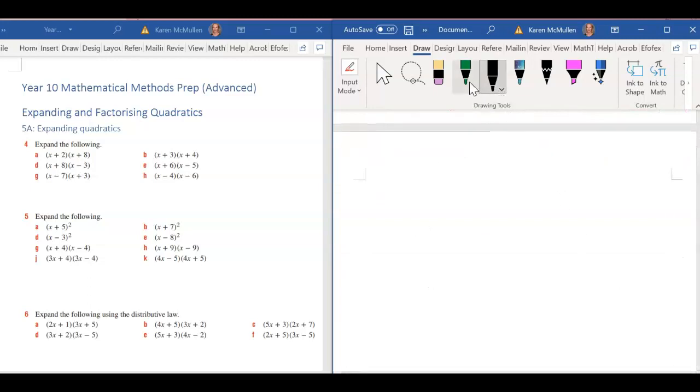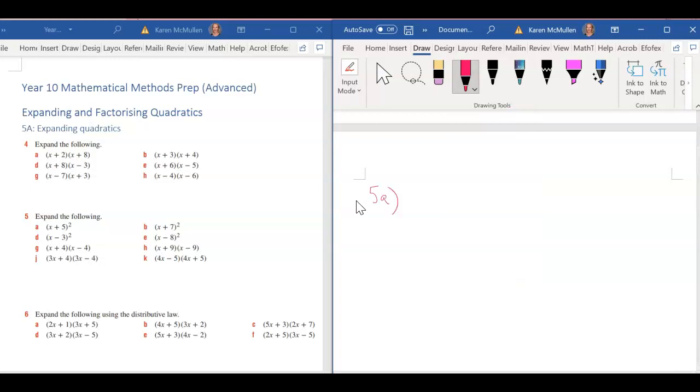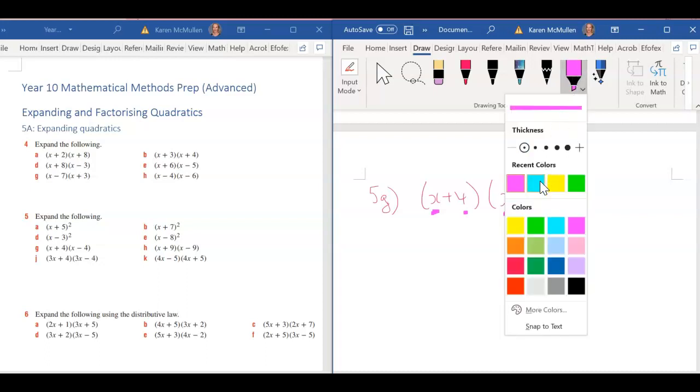All right, what we also have is difference of perfect squares. So let's have a look at G. We've got (x + 4)(x − 4). Now notice in this one, inside our brackets, we've got the same things, just separated.